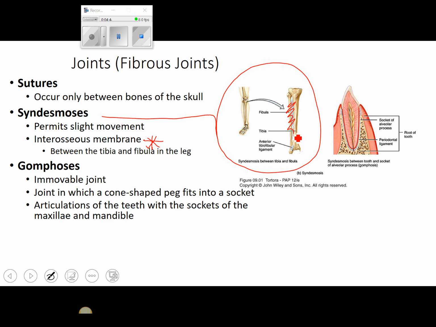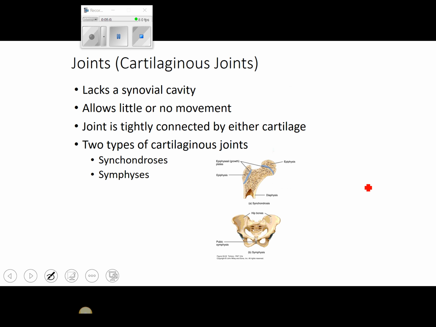This one is also known as your dental alveolar joint, because it contains the teeth and the sockets. It is a joint that binds teeth to the bony sockets in the maxillary and the mandible bones. And you see your picture here.